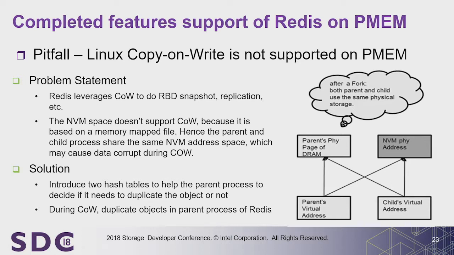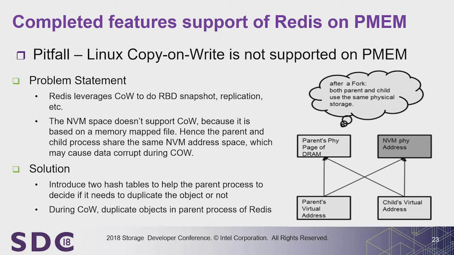The child process can have a separate process domain. But in persistent memory, it's different. The current kernel does not support the child process seeing a different space yet. So when a fork function is conducted, the child process will see exactly the same memory space as the parent did.